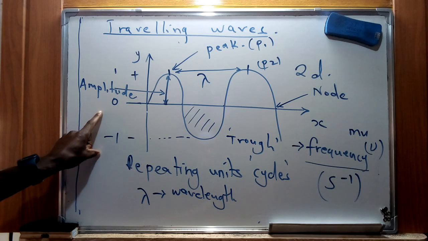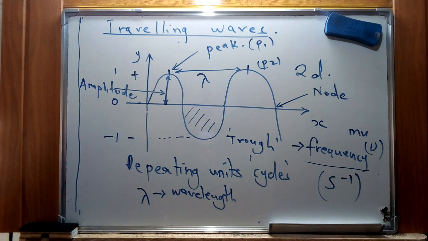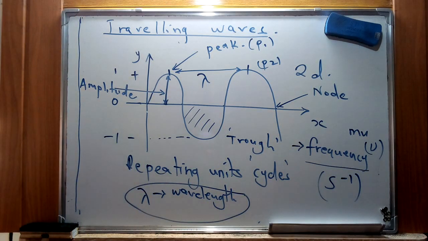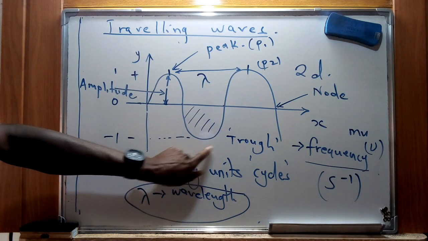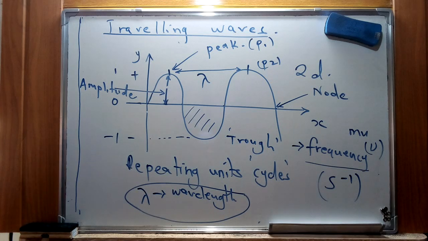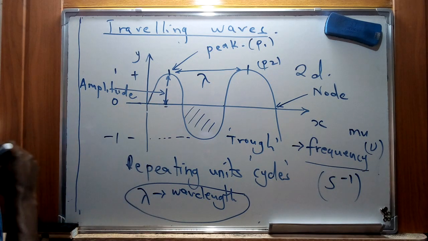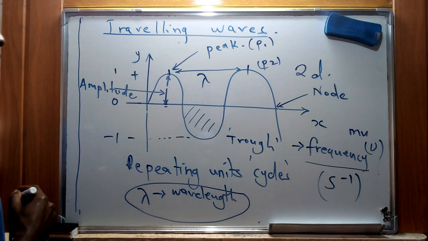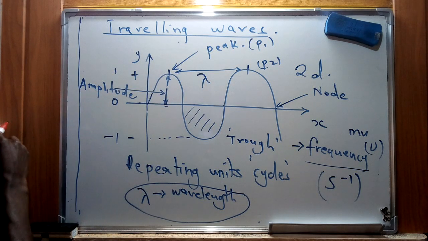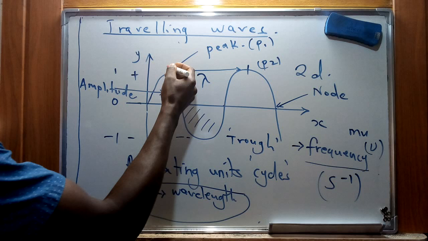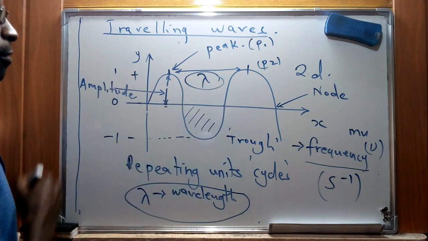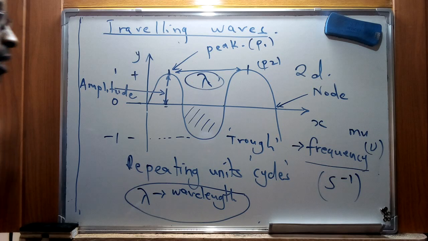So these are the parts we have listed. Wavelength is the distance between a peak and a peak, or a trough and a trough. The distance between the 0, which is the x-axis, and the topmost part of the wave is the amplitude. The distance between successive peaks is the wavelength, denoted by lambda.